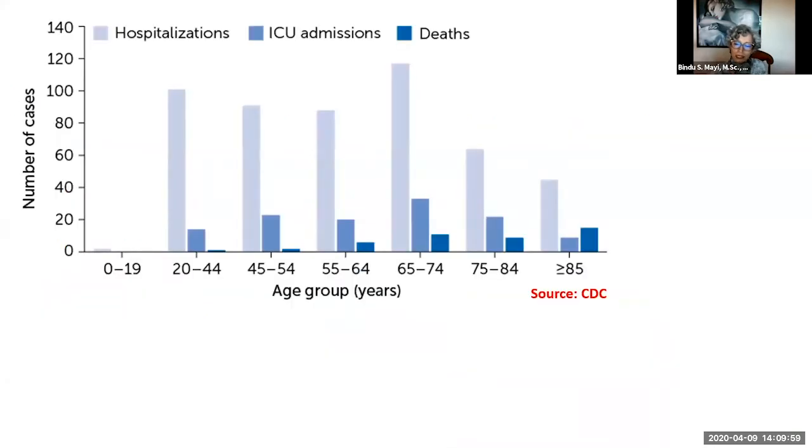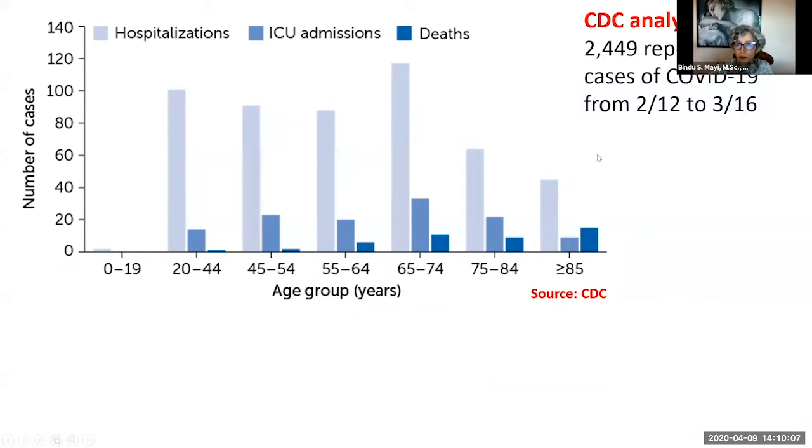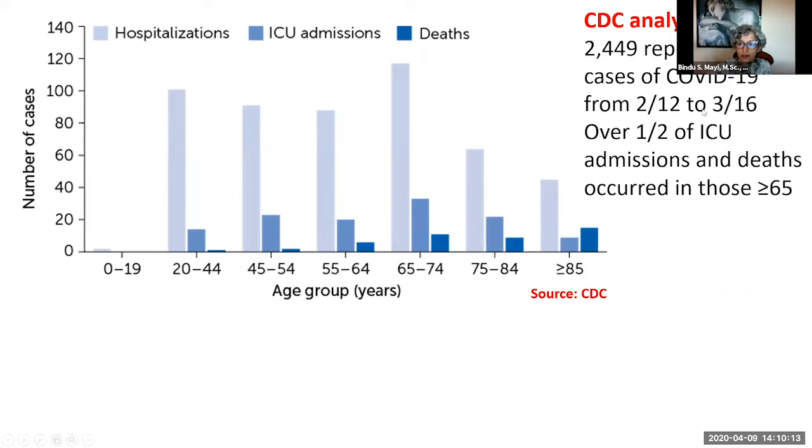COVID-19. And in this country, when the CDC did an analysis of patients who were hospitalized, there were about 2,499 patients in this study conducted by the CDC. We saw that over half of the ICU admissions and deaths happened in individuals 65 and older. No big surprise there, right?